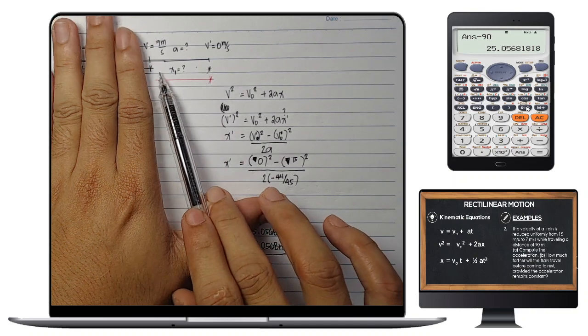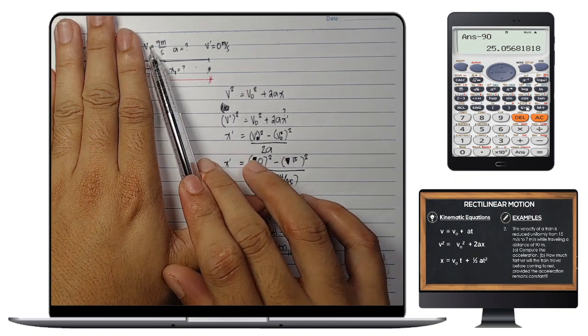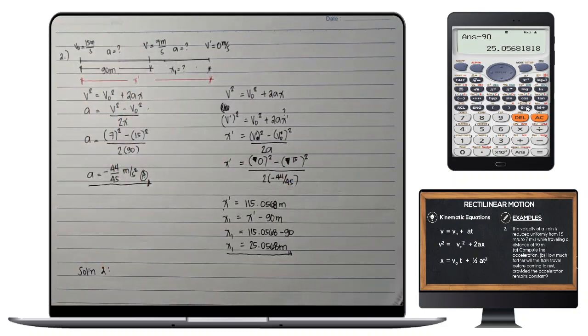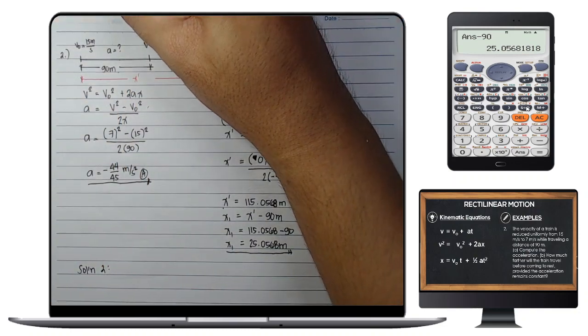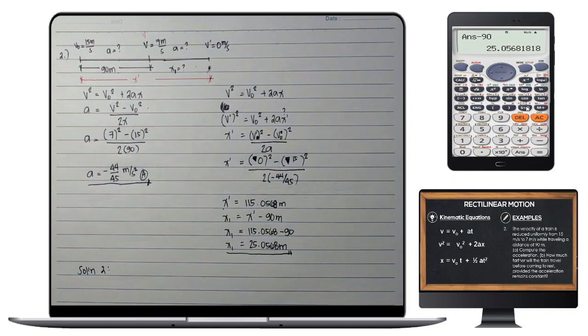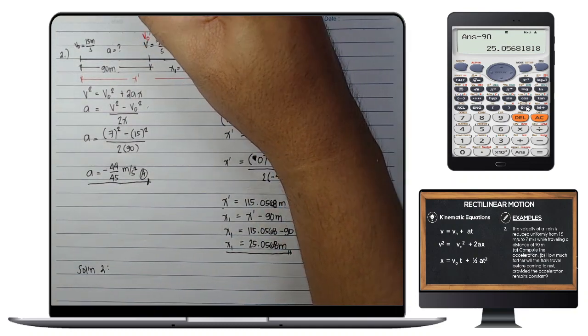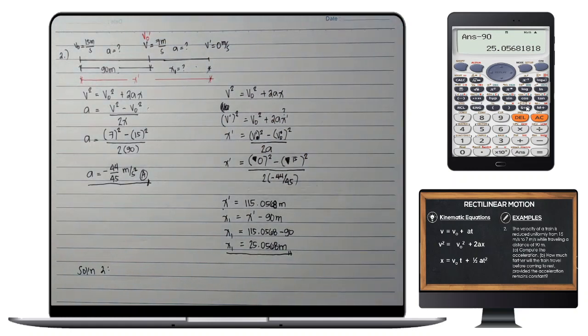So you may cover up this one. The final velocity 1 in the first condition, which is 7 meter per second, you may use as the initial velocity prime. Okay, so the initial velocity for the second condition.